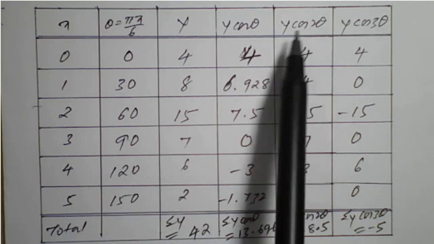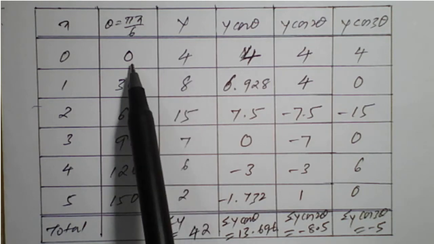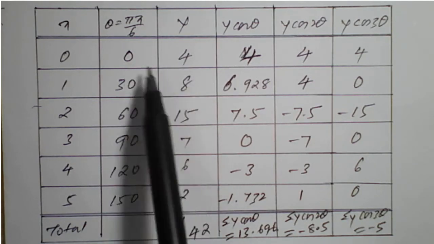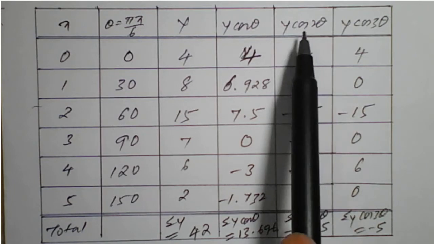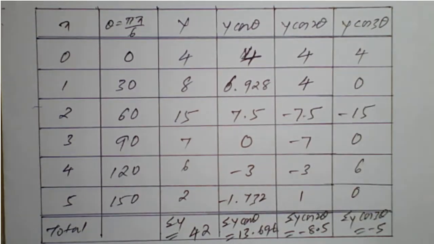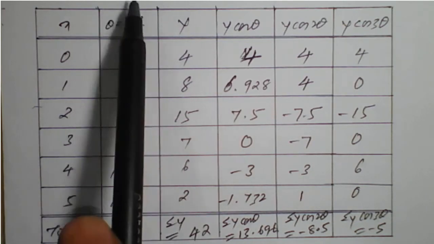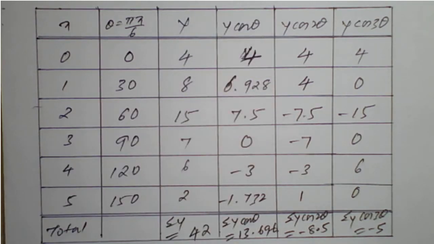And y cos 2 theta is 4 into cos of 2 times 0, then 8 into cos of 2 times 30. Like that we need to find y cos 2 theta, and similarly y cos 3 theta, and we need to find the respective summations. These summations will apply in a0, a1, a2, a3, and we will get the respective results now.